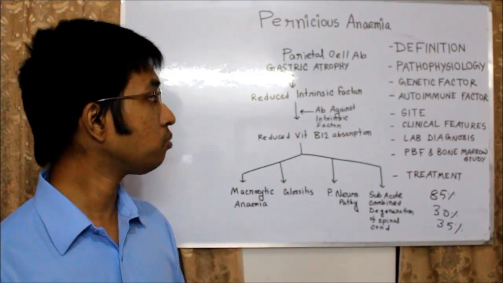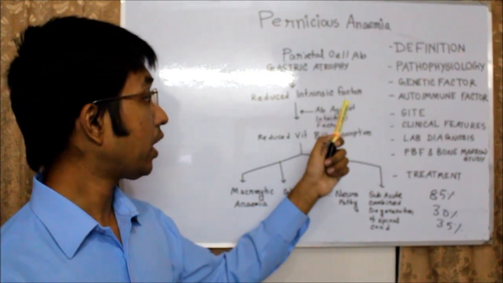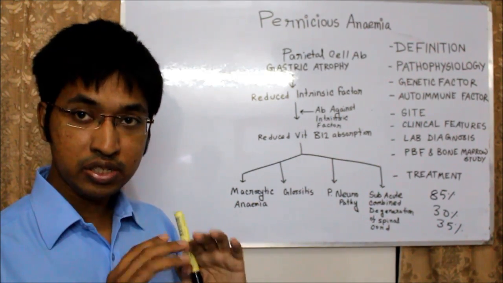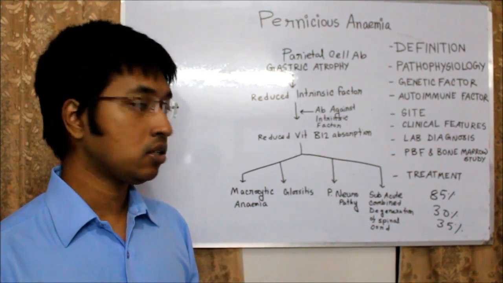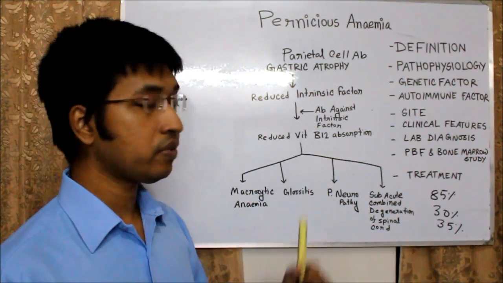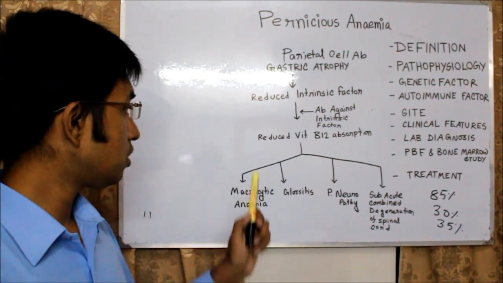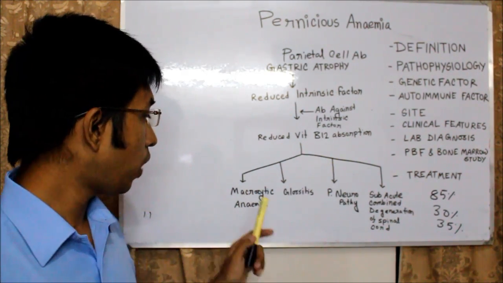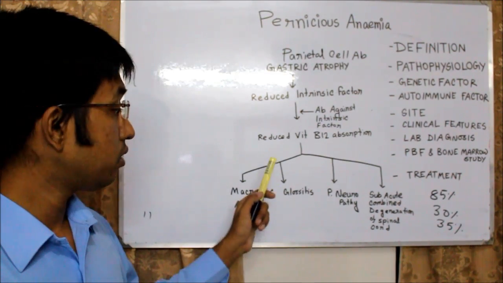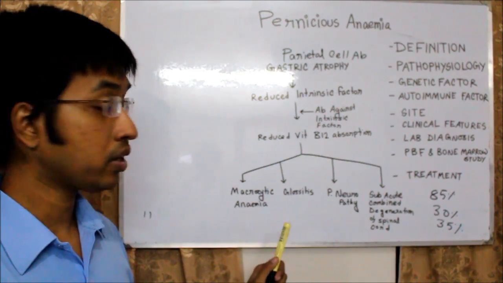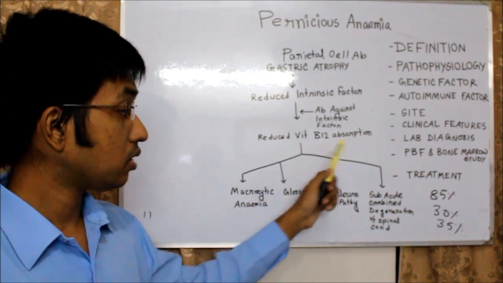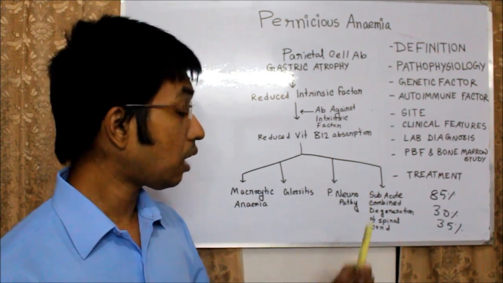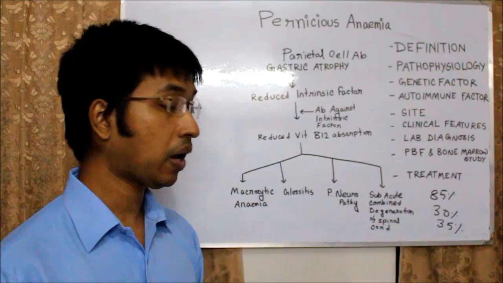As a result, there will be even more reduced amount of intrinsic factor, and that will result in vitamin B12 deficiency. Reduced vitamin B12 absorption results in mainly four things. One is macrocytic anemia. There will be inflammation of the tongue, known as glossitis, and some nerve involvement, mainly peripheral neuropathy and subacute combined degeneration of the spinal cord.